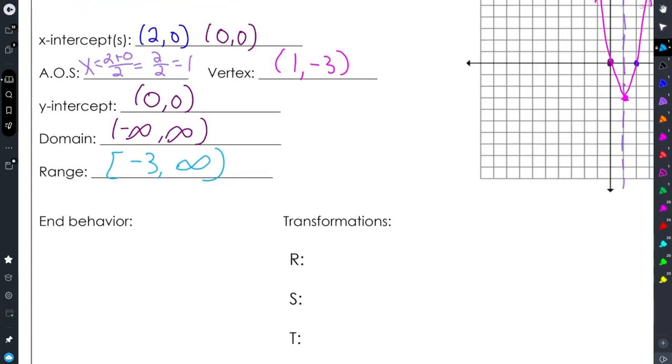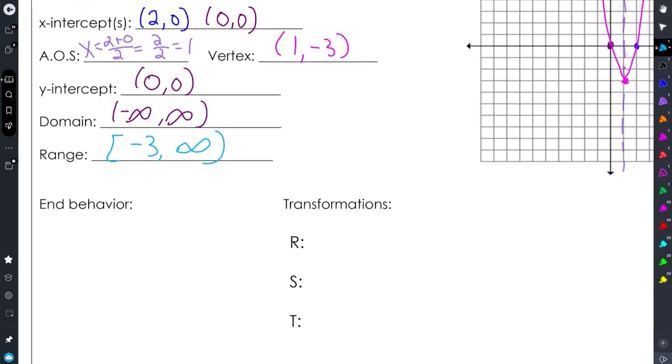Then our end behavior, both ends are going up, so as x approaches negative infinity, y approaches positive infinity. As x approaches positive infinity, y approaches positive infinity as well.